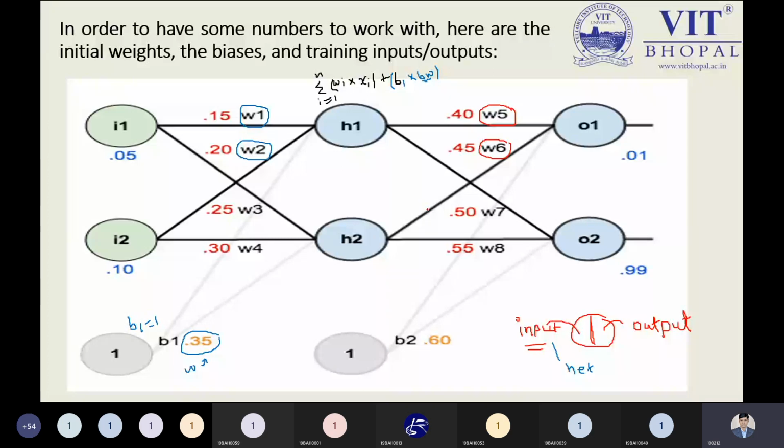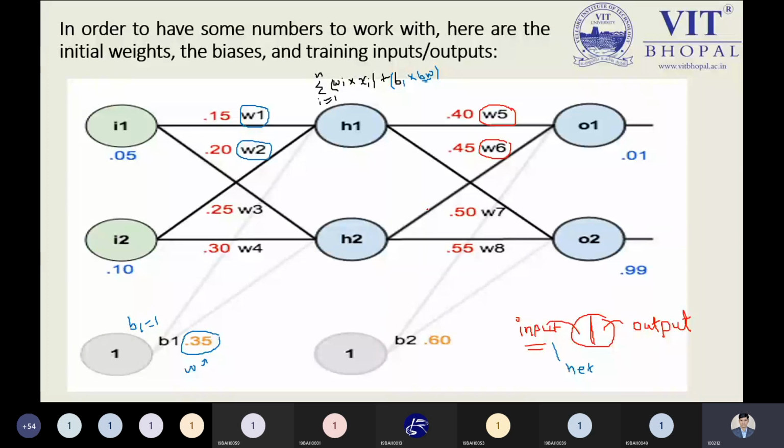You can't directly update the weight W1, because you are moving from O1 to H1 and H1 to I1, and from O2 to H2 or O2 to H1, because so many nodes are connected. You are moving from the output layer to the hidden layer and the hidden layer to the input layer, so you can't directly jump from the output layer to the input layer to update the weights W1, W2, W3, W4. There will be a sequence, a chain we have to apply.